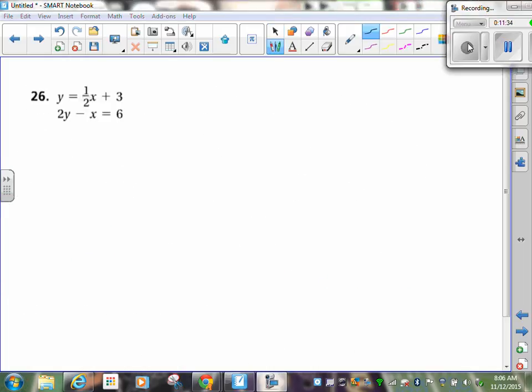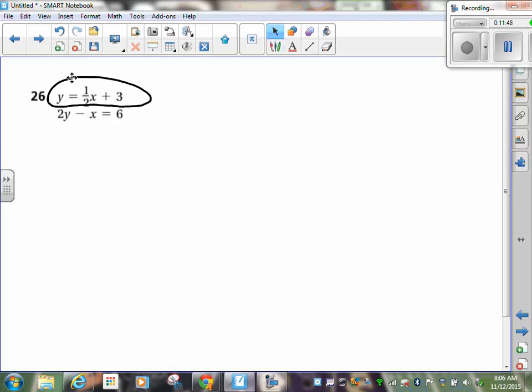Next question, 26. Do you see a letter all by itself? Excellent. This equation has a letter all by itself. Notice I circle it, because here there are a lot of steps to do. If I don't circle it, I'm going to forget where I substitute it into.